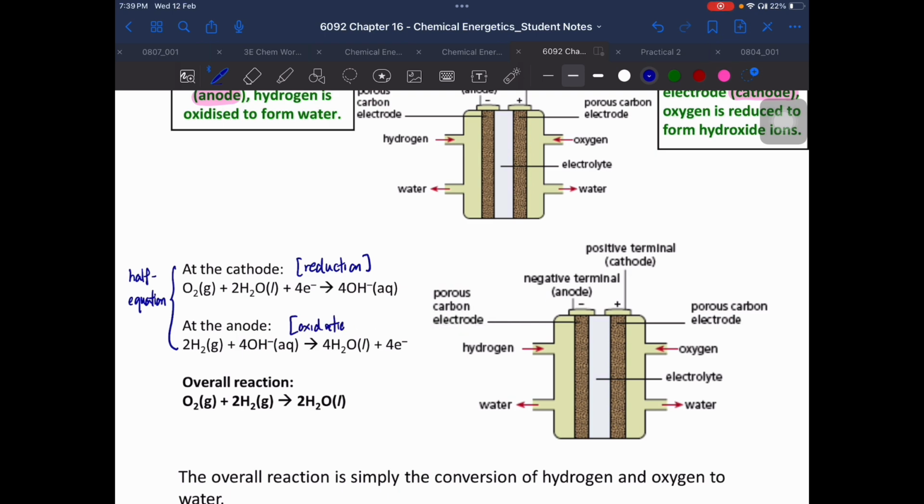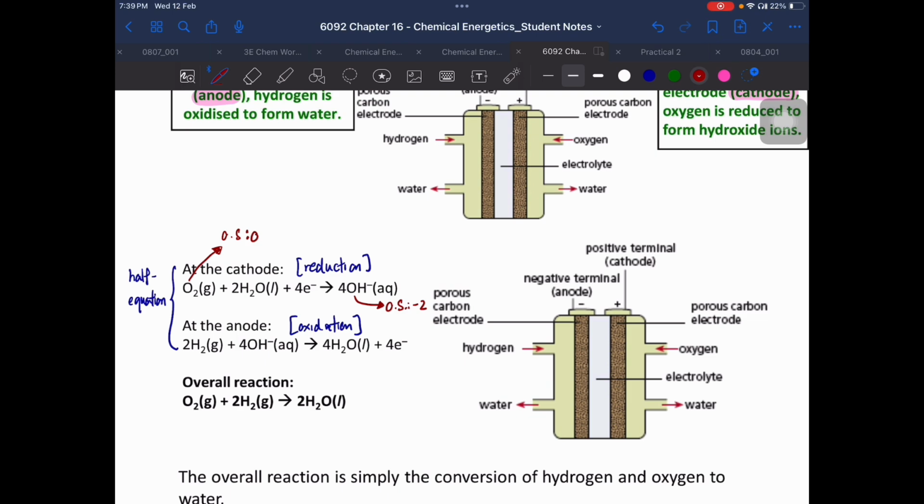So in case you have already forgotten your reduction as well as oxidation concepts, here is just a bit of a recap in case you're a bit lost. For oxygen, you recall that it has the oxidation state of 0 because it's a free element. Whereas in the hydroxide over here, the oxygen's oxidation state will now be -2. So there is a reduction process happening.